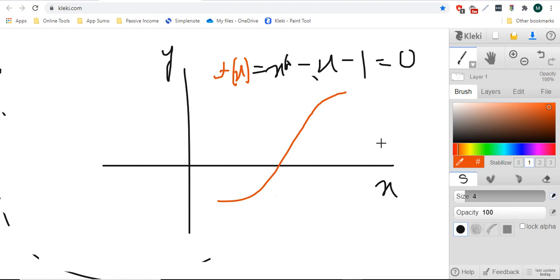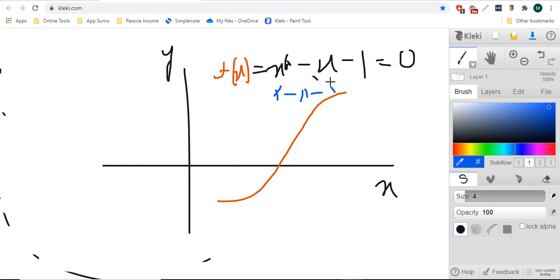For such kind of equations, normally first we apply trial and error methods. First we will give a value. Suppose we have given 1 over here, so what will I get? If I put x to be 1, then I will have 1 minus 1 minus 1, so it will be minus 1, isn't it? So it's not equal to 0, so that's not the solution.